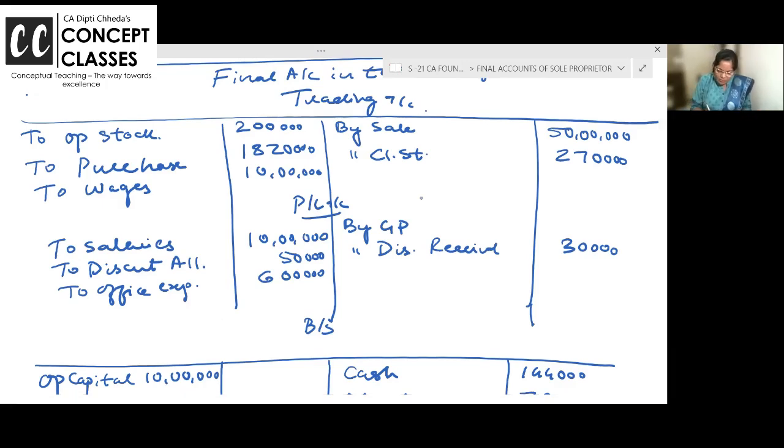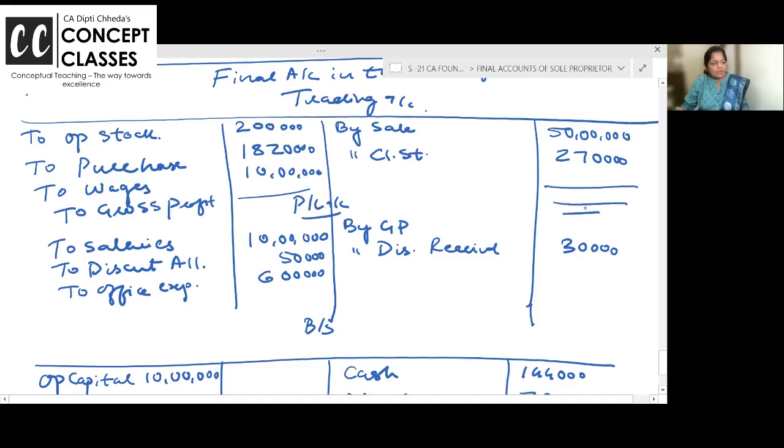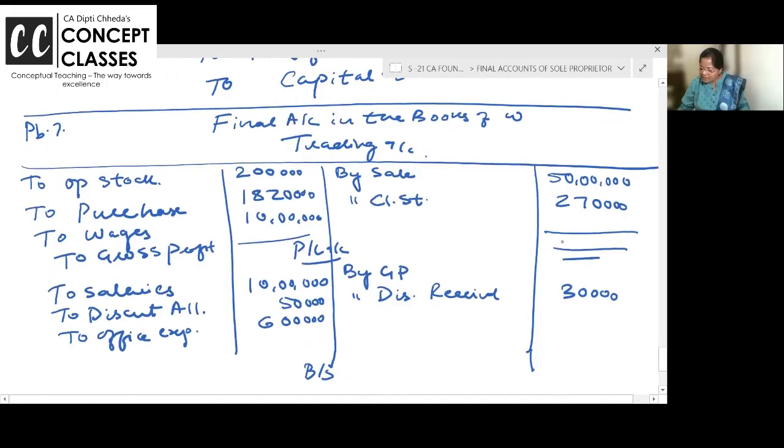Now calculate what is gross profit, GP. And write the totals also on both the sides. 52,70,000.